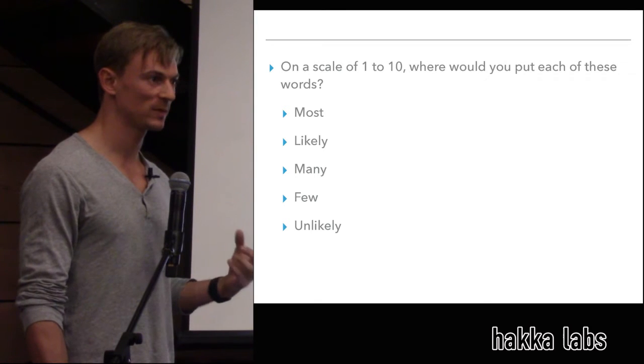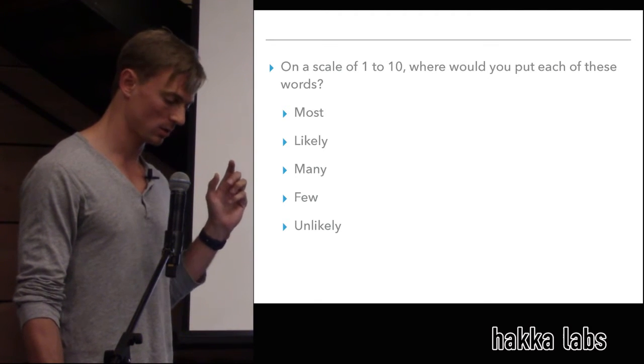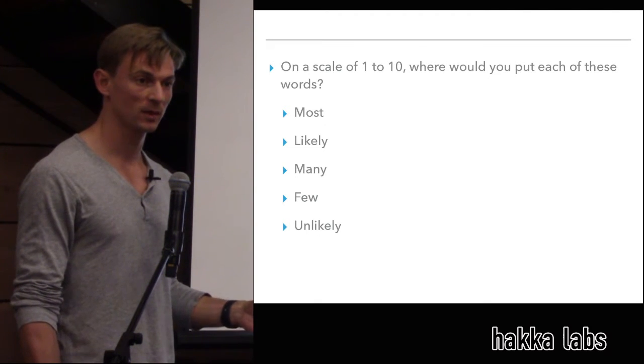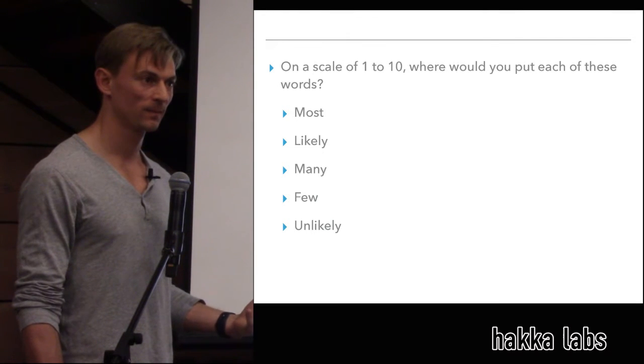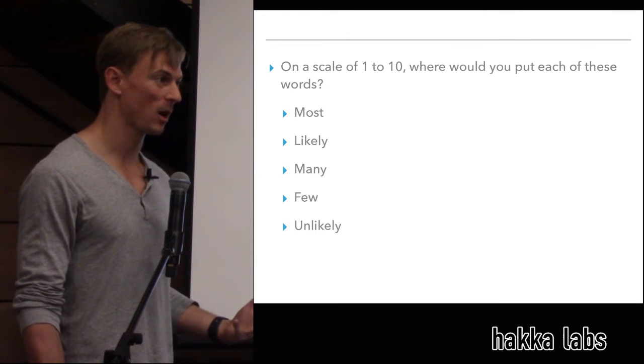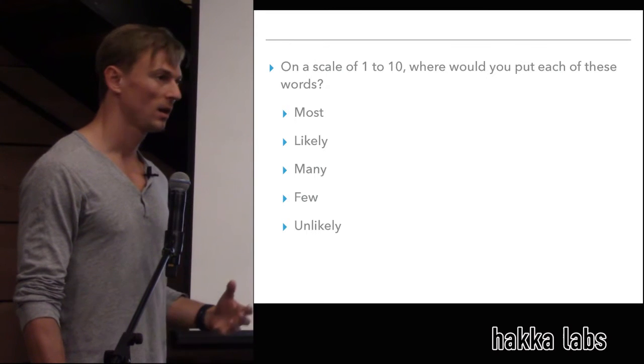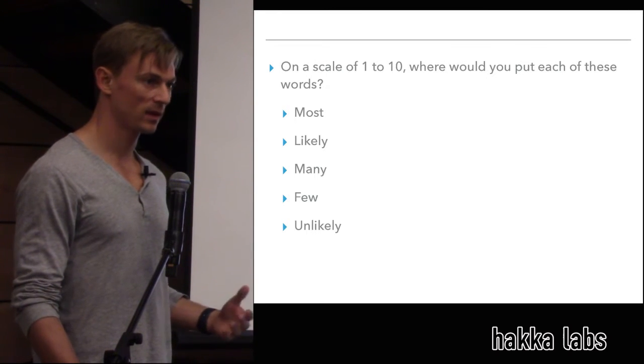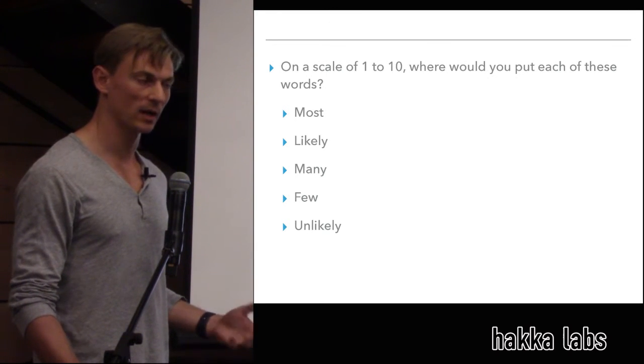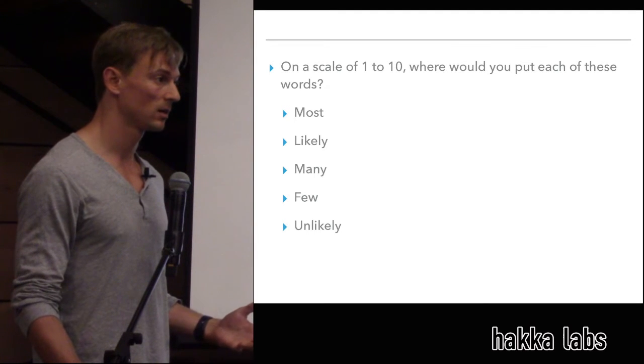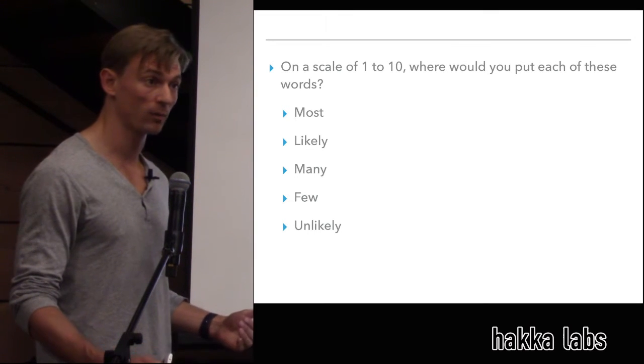In everyday speech, we use words to stand in for numbers. How do we do that? It's a mystery. It's a black box, right? And people may think they know what we're talking about, but we can be really quite far apart.